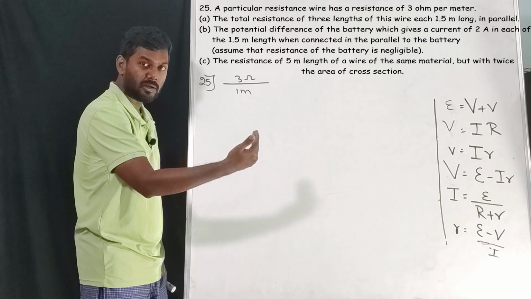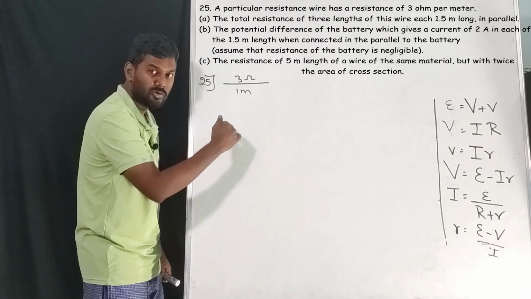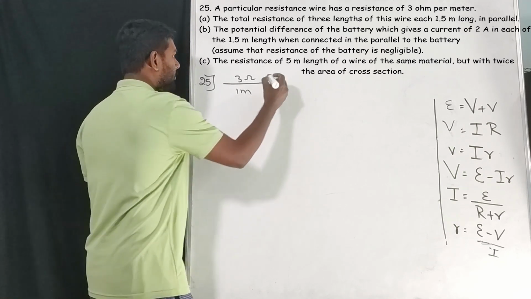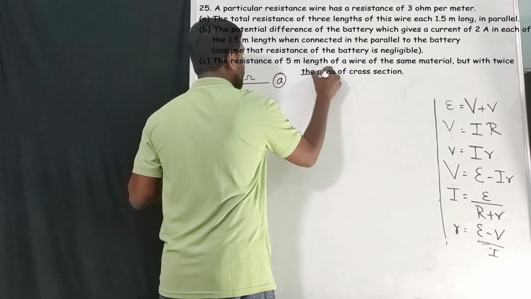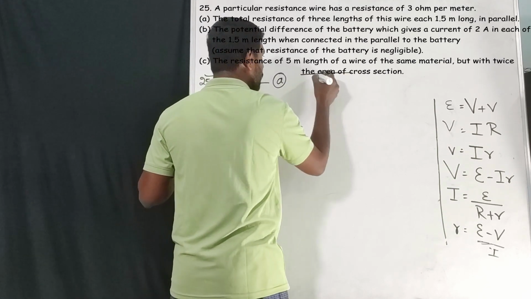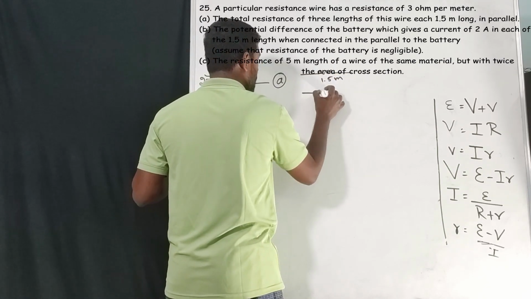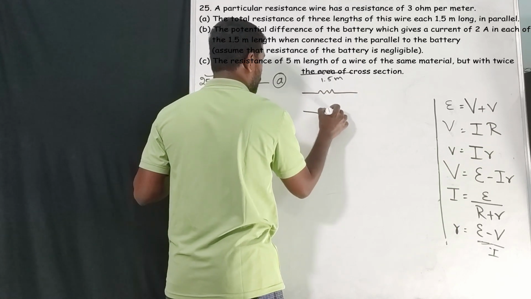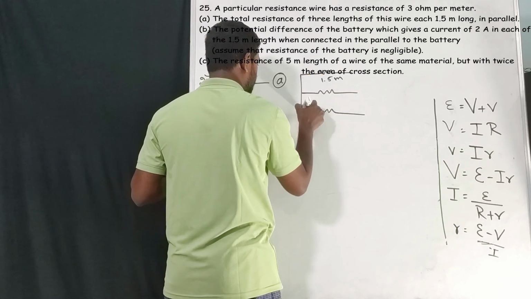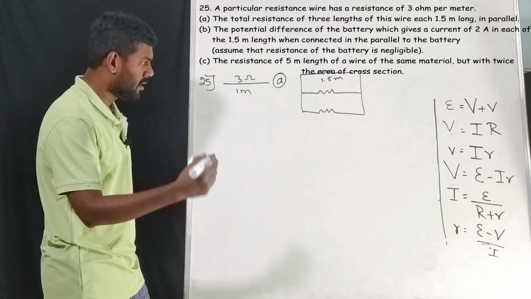For 1.5 meter, we have 3 wires connected in parallel. It will be like this. Assume this is one of the resistors. Now this is 1.5 meter long, 1.5 meter long. Like that, we are going to connect 3 resistors in parallel.